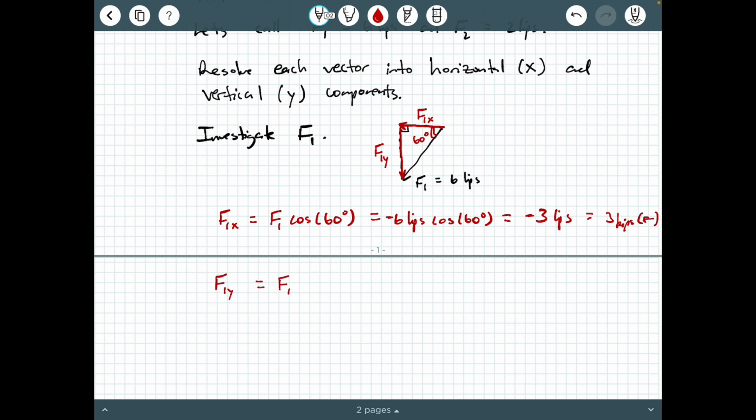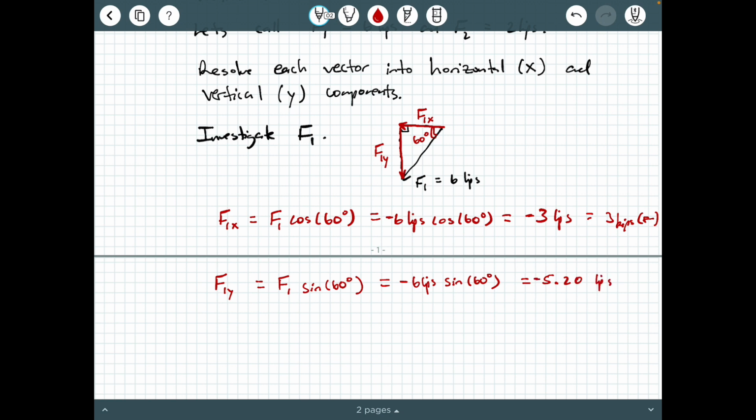F1y is going to be F1 times the sine of 60 degrees, and that's going to be negative 6 kips times sine of 60 degrees. And of course you can put that in your calculator and see what 6 times sine of 60 is, and that will be 5.20 kips.